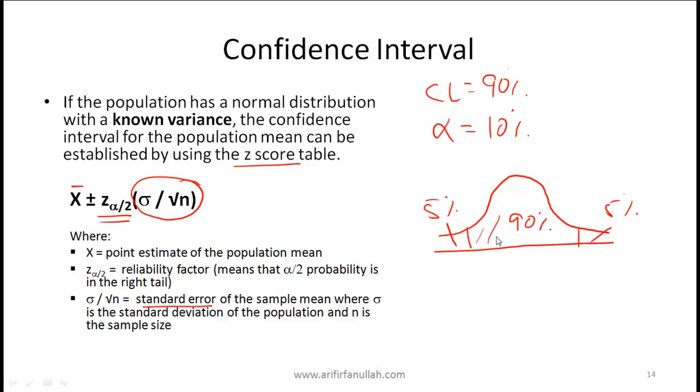So what we can then do is look at our probability tables, normal tables, and figure out this value and this value. These values we will call negative z alpha over 2 and z alpha over 2. So these are our reliability factors. The standard error is simply based on the standard deviation of the population divided by the square root of the sample size.